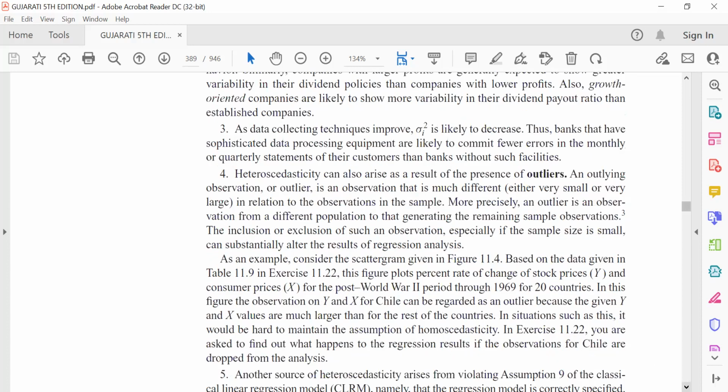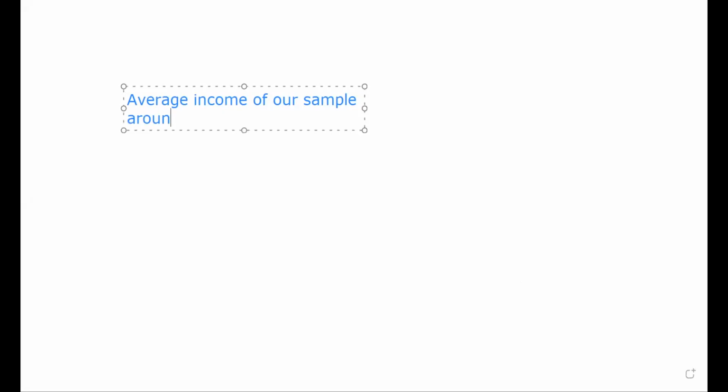The fourth one is outliers. It is common in the data. For example, if we have income data from our respondents, the average income of our samples is around 3 million.